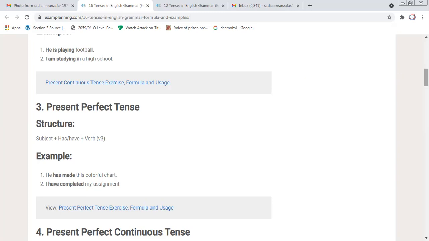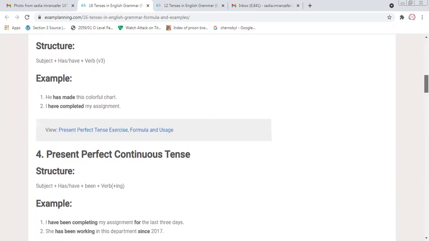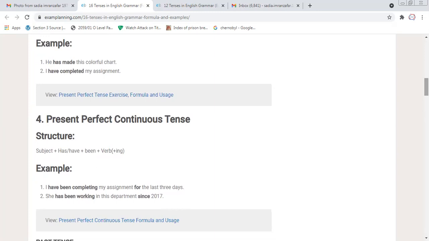Now the fourth type of tense for present is present perfect continuous tense. Present perfect continuous tense means that the work is going on in the present. It is perfect and it has been continuing for this period of time.